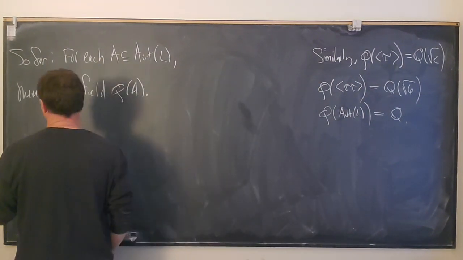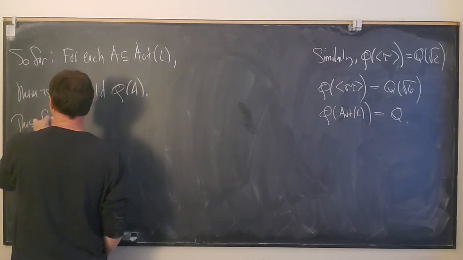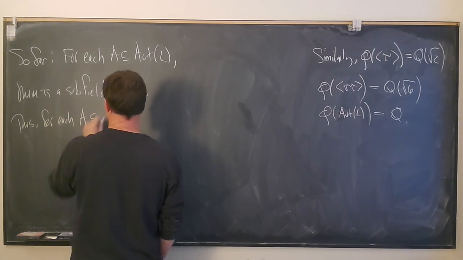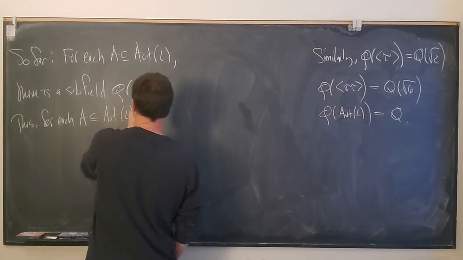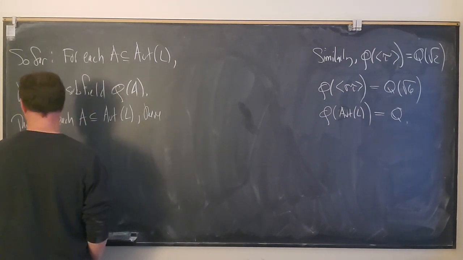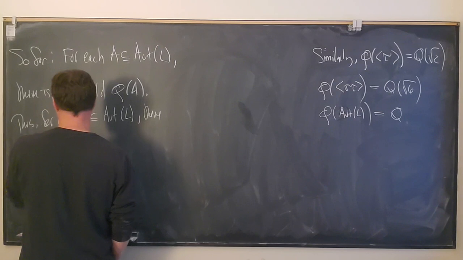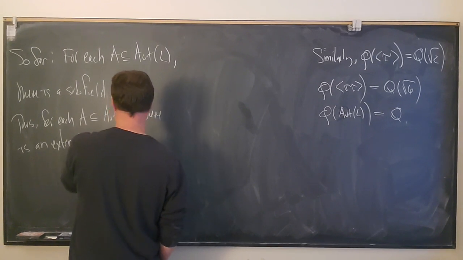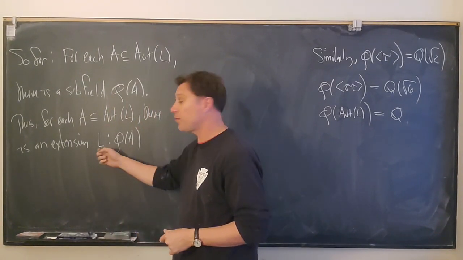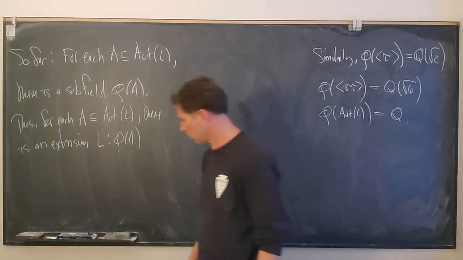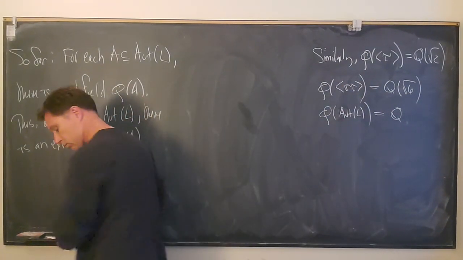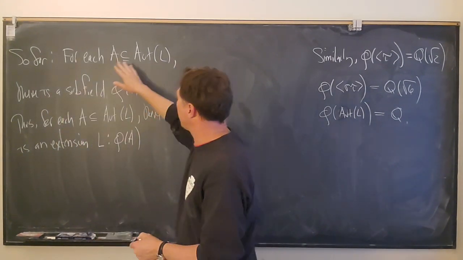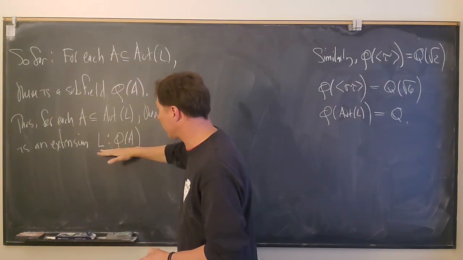Thus for each A in Aut L, there is an extension L over phi of A. We know that phi of A is a subfield of L. So for each subset of Aut L, we have a corresponding extension.